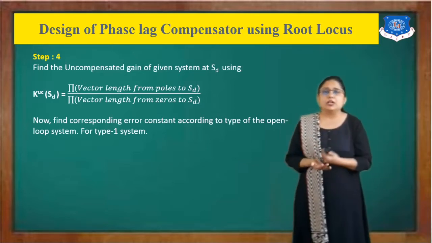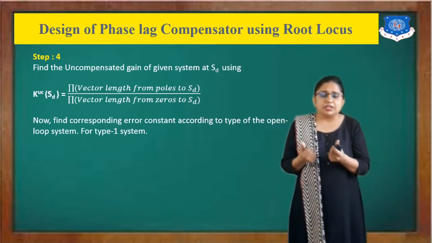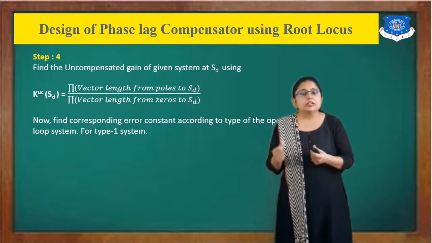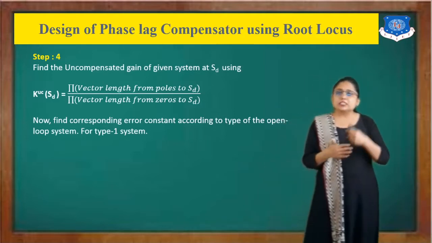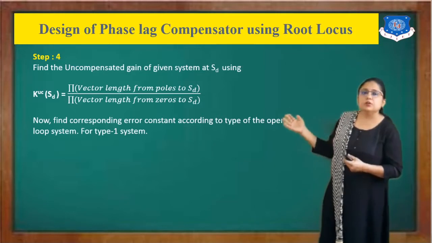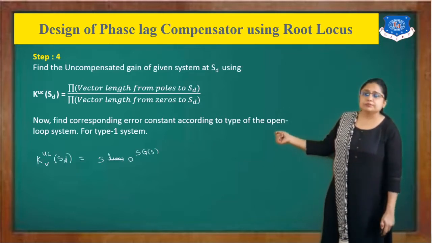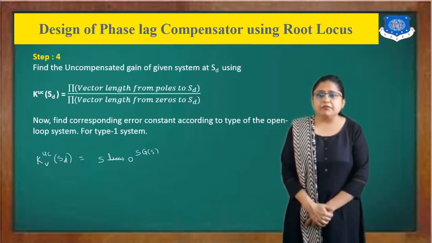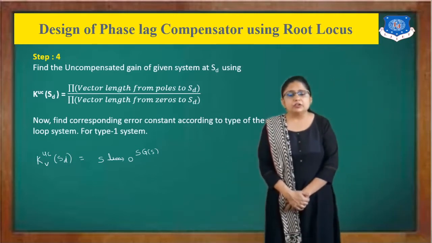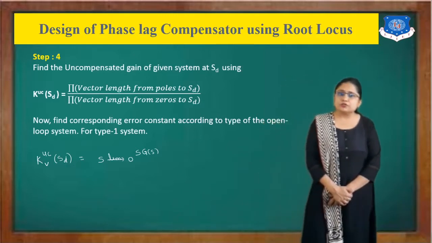Take another example, 1 upon s plus 2. As such, we do not have any common s term, so this is a type 0 system. And for s square, it is a type 2 system. So if we have a type 1 system, then the equation is K_v,UC at s_d equals limit s tends to 0 of s into G(s).